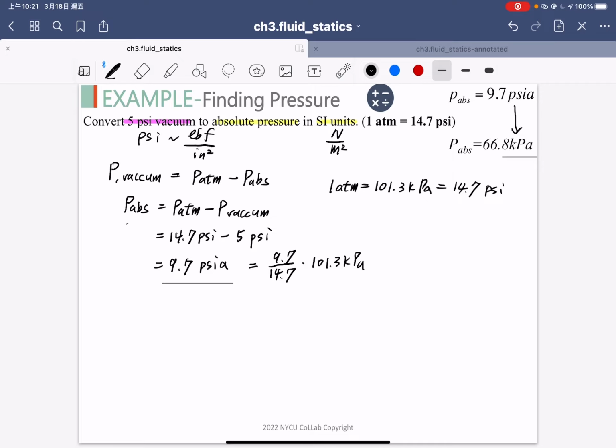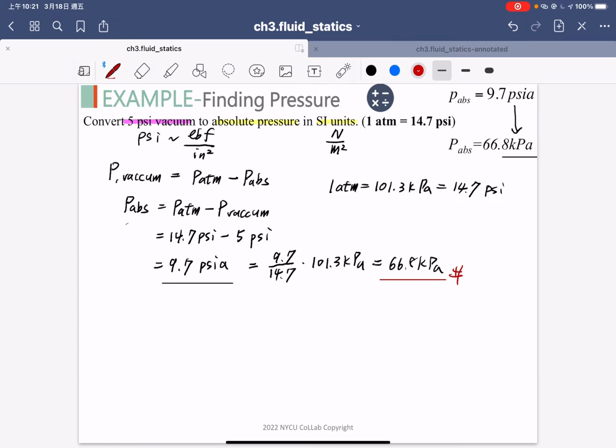The answer is the same as the upper corner shows, 66.8 kilopascals. So it's our final answer.